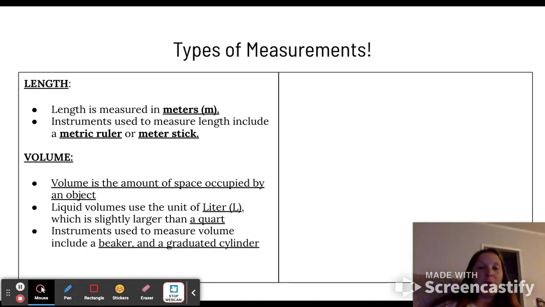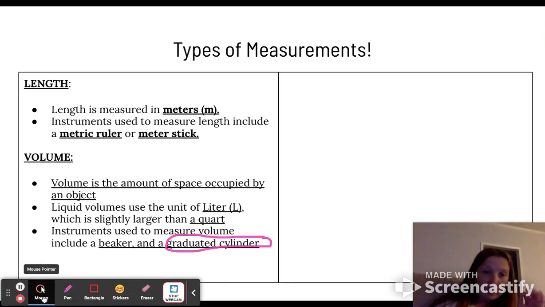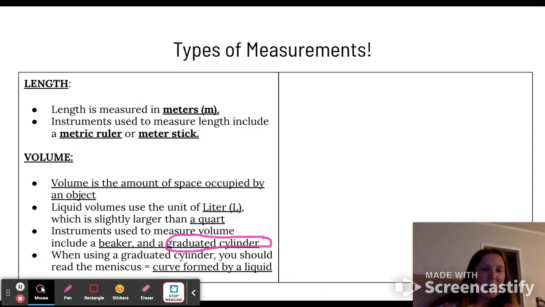We tend to use beakers or graduated cylinders for this, and this one is the more important one to know, graduated cylinders, because they're much more accurate in the lab, so we use those more often.